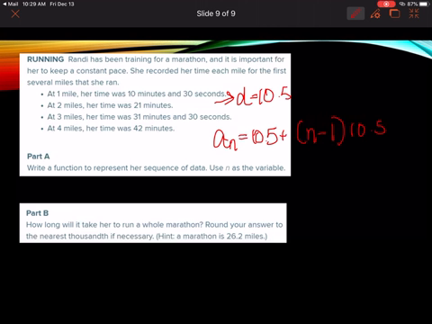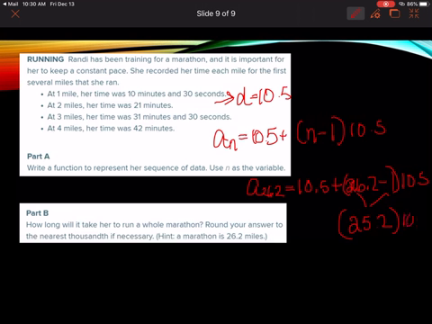So how long will it take her to run 26.2 miles? Now I need to find a of 26.2. So that equals 10.5 plus 26.2 minus 1 times 10.5. So 26.2 minus 1 is 25.2. Bring everything else down.